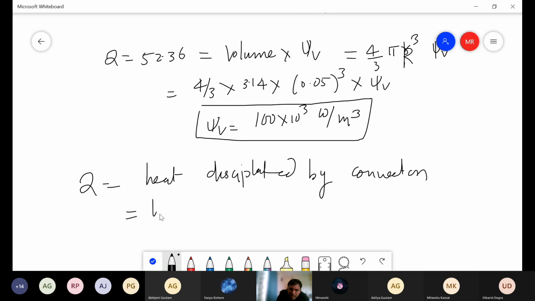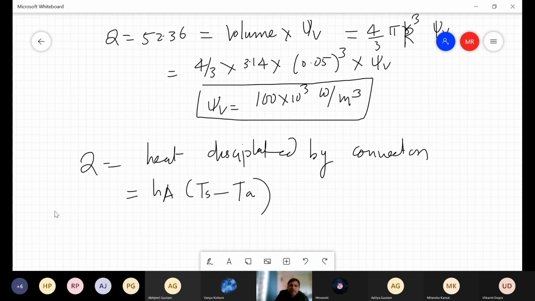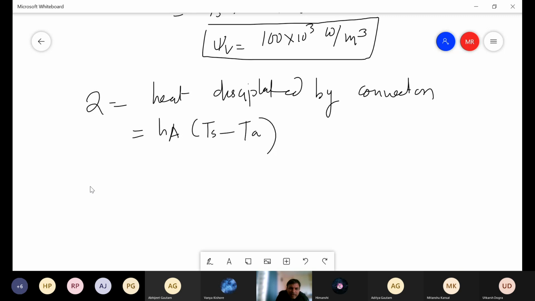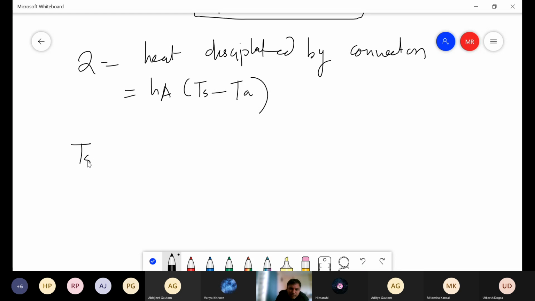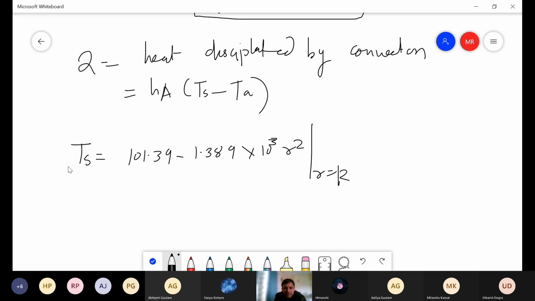So that means what? This is nothing but hA (T surface minus T ambient). Do you agree? And T surface we can calculate. T surface will be nothing but 101.39 minus 1.389 into 10 raised to power 3 r square, and here we have to put r equals capital R. That is going to give me TS.